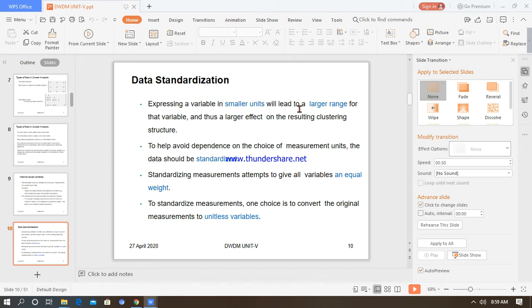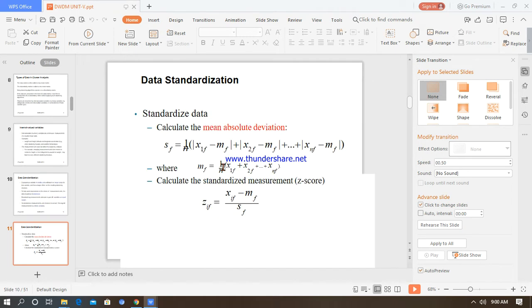Expressing a variable in smaller units will lead to a larger range for that variable, and thus a large effect on the resulting clustering structure. To help avoid dependency on the choice of measurement units, the data should be standardized. Standardizing measurements attempts to give all the variables an equal weight. To standardize measurements, one choice is to convert the original measurements to unitless variables.